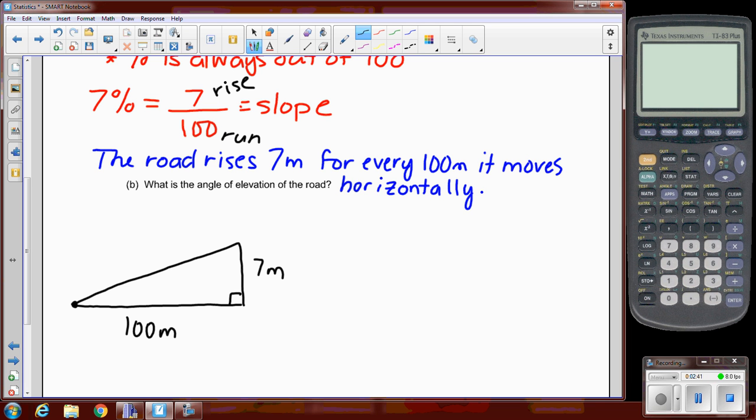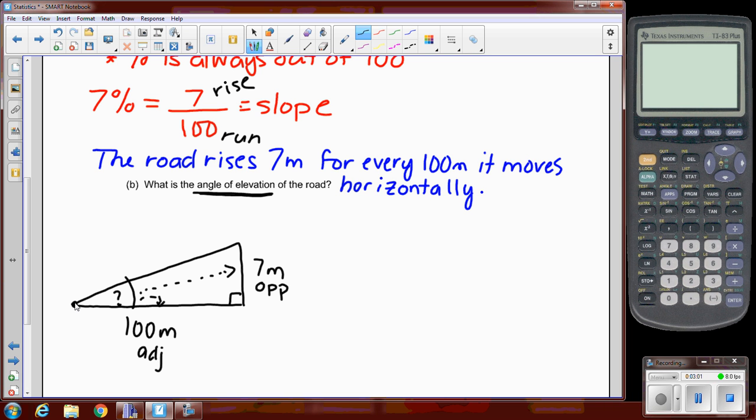What is the angle of elevation? Elevation means going up. That means I'm looking for this angle right here. Now this comes back to trig. We have a right triangle. Across from this angle we're trying to find, this is opposite. Next to this angle is my adjacent.